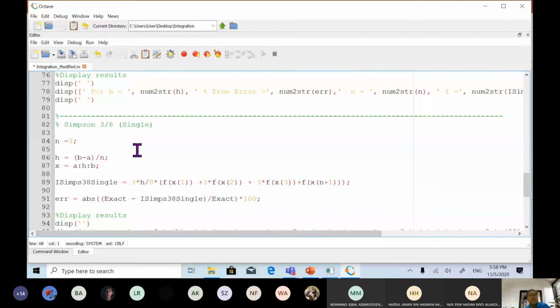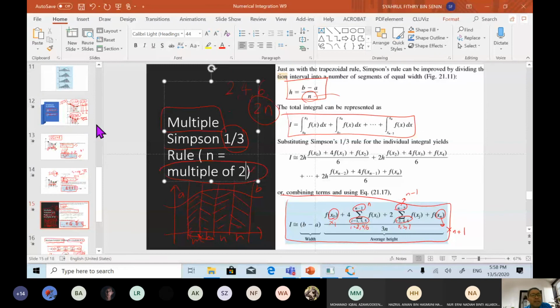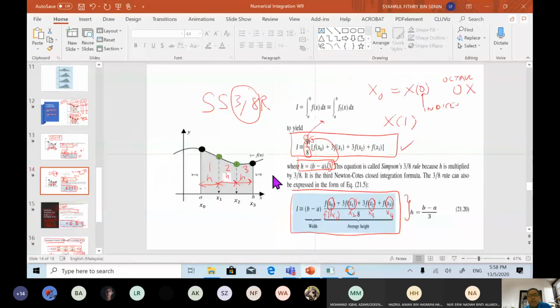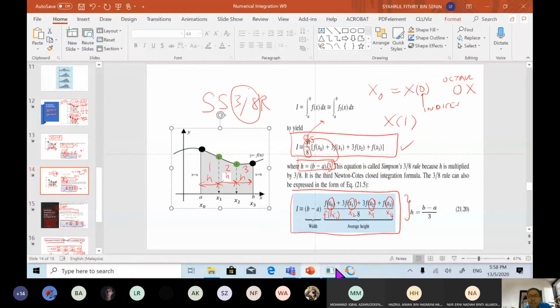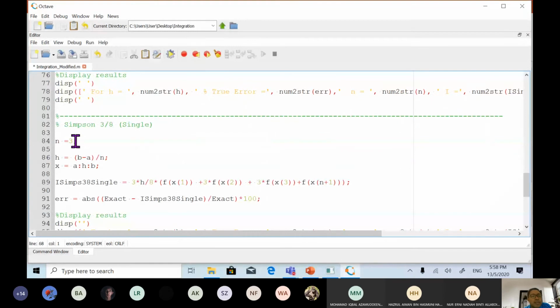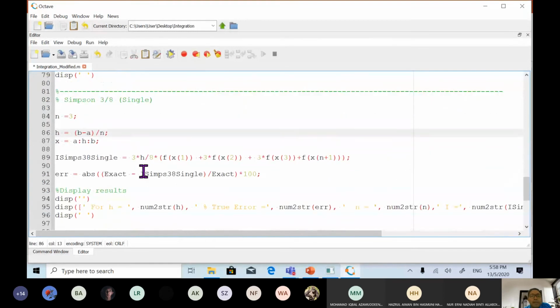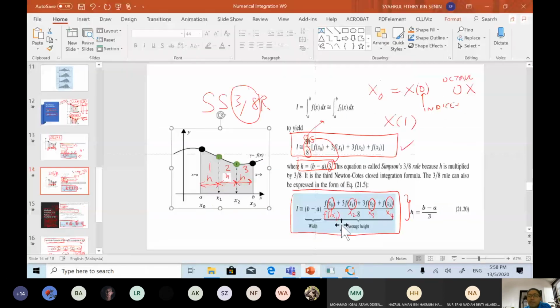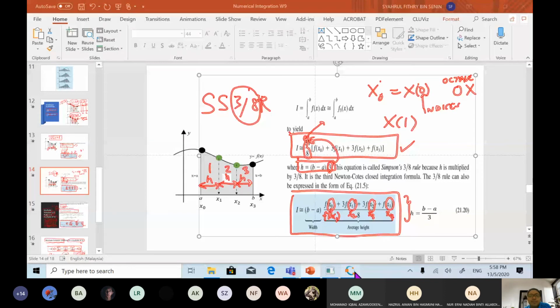Next, we want to discuss Simpson 3/8. Simpson 3/8 single. So the area is divided into 3 equal divisions. You may see that this is n equal to 3, and I'm using this formula.